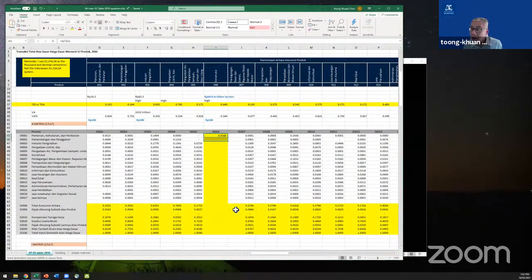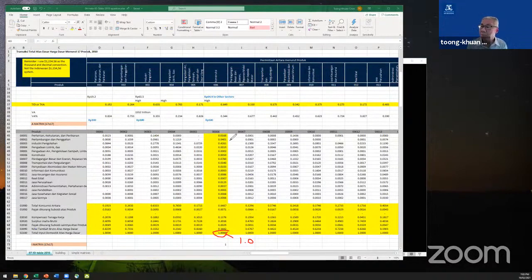Delete that, delete that. Okay, so basically, this value is 1, okay? 1.0. So that makes it a lot easier now for us to examine the input coefficients.